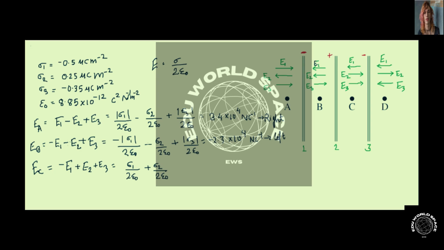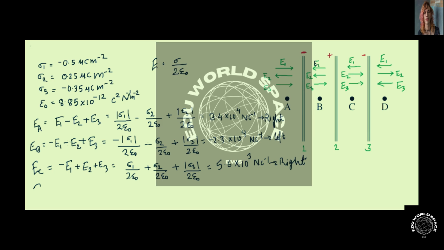Now E3 is negative. We need plus, so modulus sigma 3 upon twice epsilon naught. Now this turns out to be 5.6 into 10 to the power 3 Newton per coulomb. Since this is positive, again to the right.